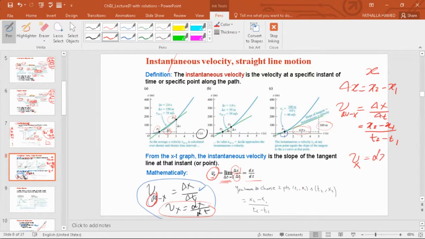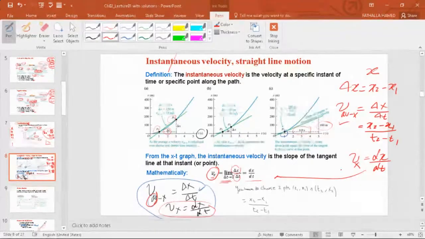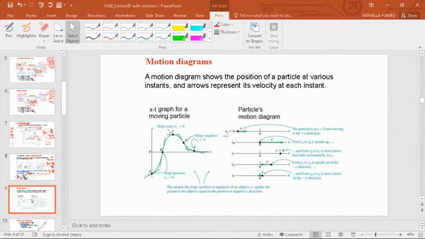This is equal to dx by dt, which is the limit as delta t tends to 0 of delta x over delta t. So now we introduced the x coordinate, which is position x, displacement, which is the difference between the two positions, and then average velocity, and then instantaneous velocity. So that's how we look at average and instantaneous.